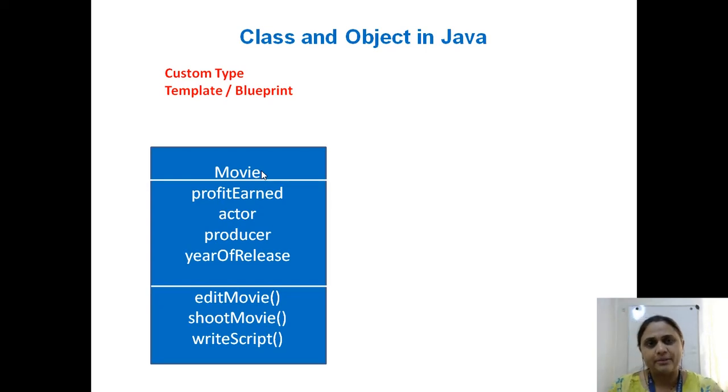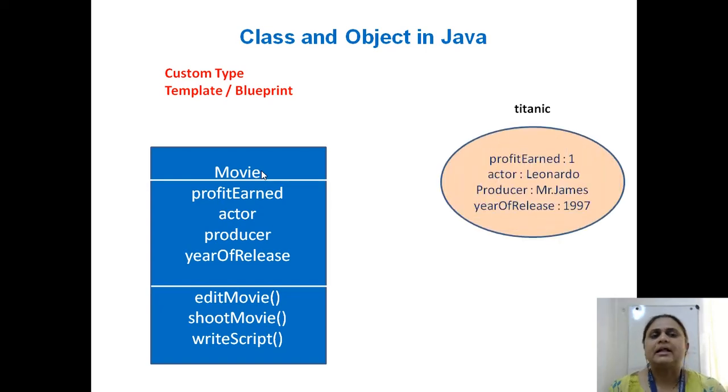As you declare a variable of type integer, you say integer x, right? Likewise, once I define this class in my code, this class structure I have given in front of you as a sample, anytime I can create a variable of type movie. For example, I may have one variable of type movie, say Titanic.